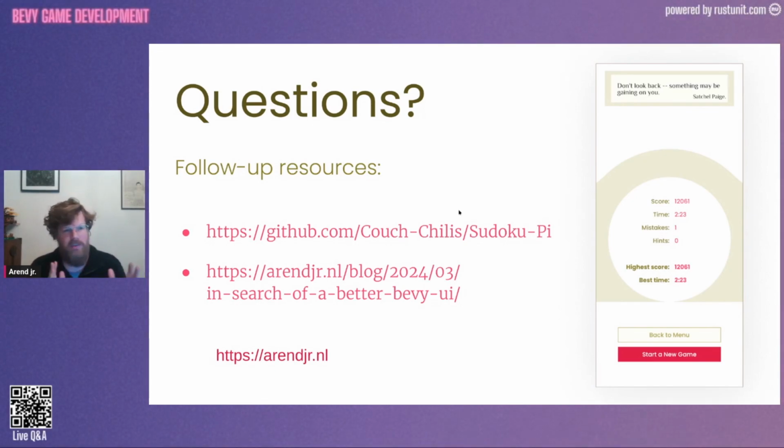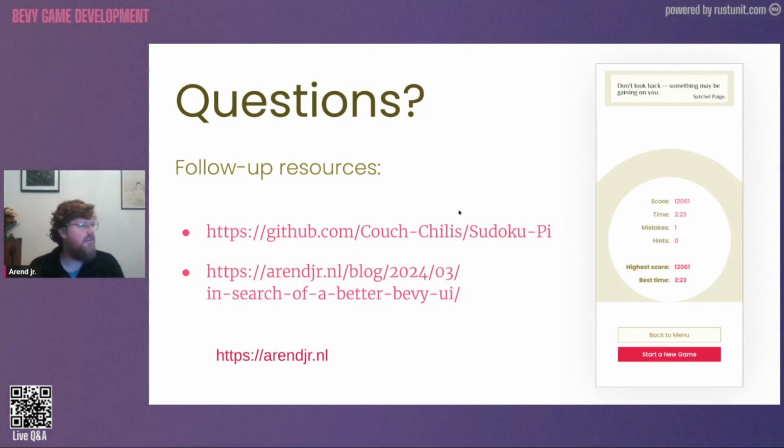The repository also has the link to the App Store in case you want to download it. And yeah, feel free to visit this blog post, because there I also dive a little bit deeper into how did I develop this widget library? What was the motivation for doing this? And I think that sums it up.